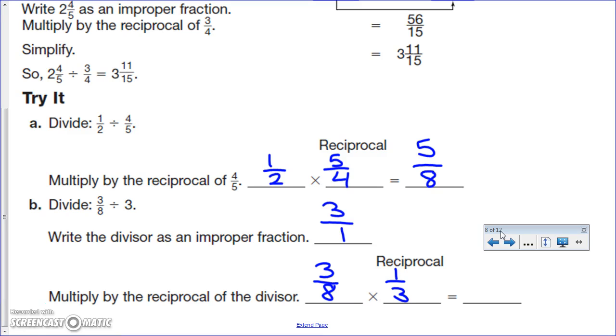So 3 times 1 is 3, and then the denominators, 8 times 3 is 24. 3/24 can be simplified. If we divide the top and the bottom by 3, we're going to get 1/8. So our answer for 3/8 divided by 3 is 1/8.